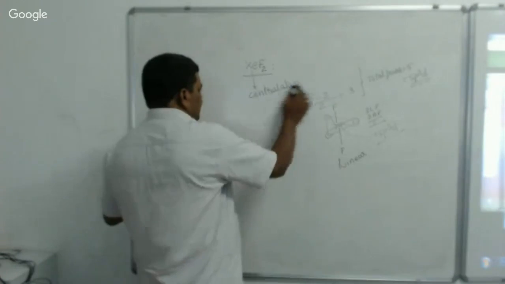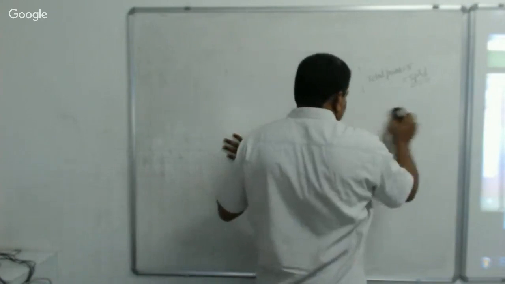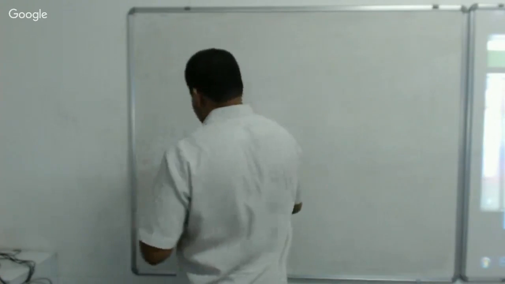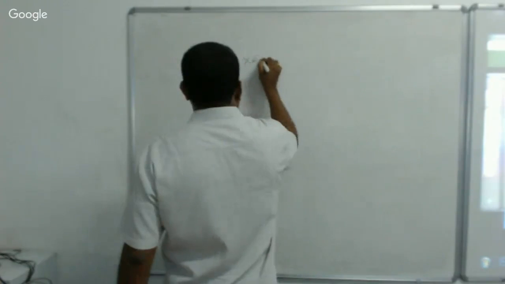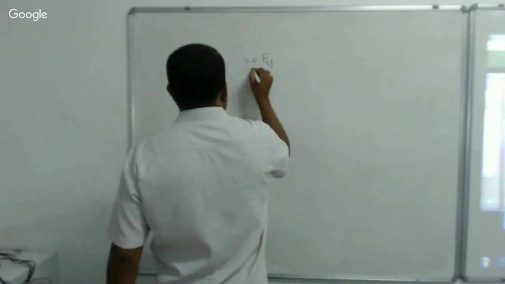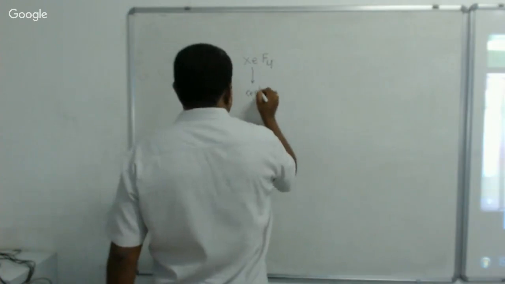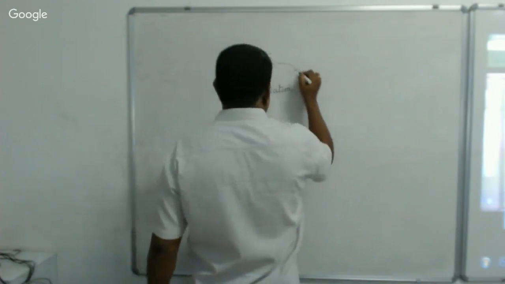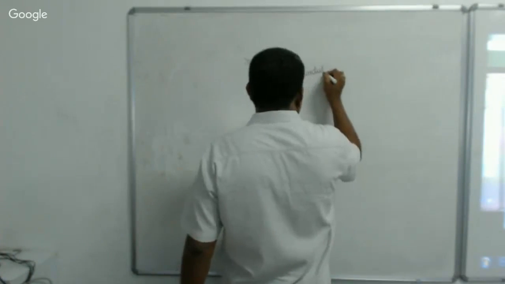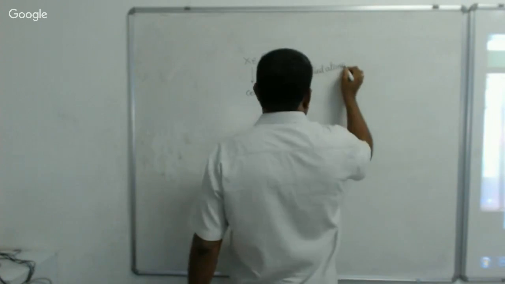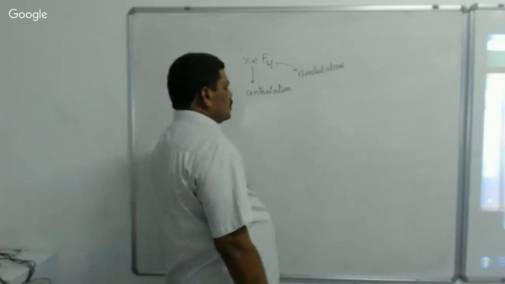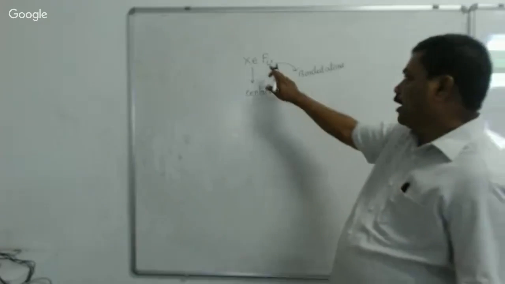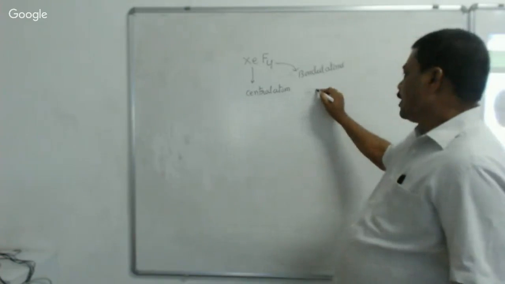Now, if you go for XeF4, here xenon is the central atom and 4 fluorines are bonded atoms. The central atom is connected to how many bonded atoms? 4 bonded atoms, so bond pairs are 4.